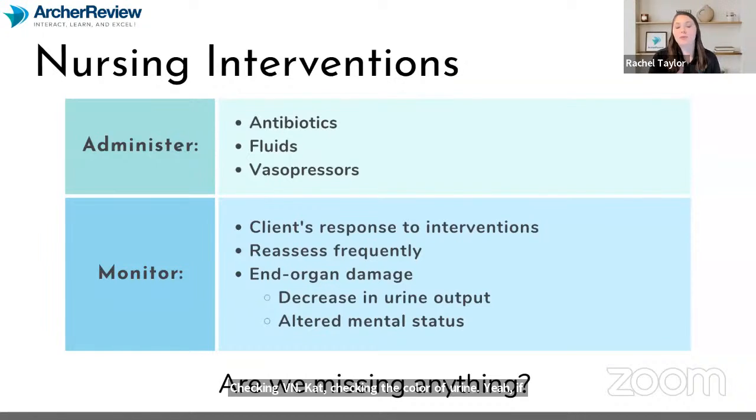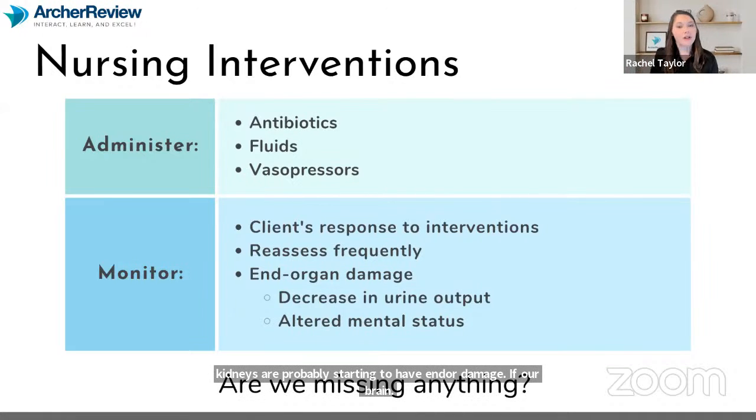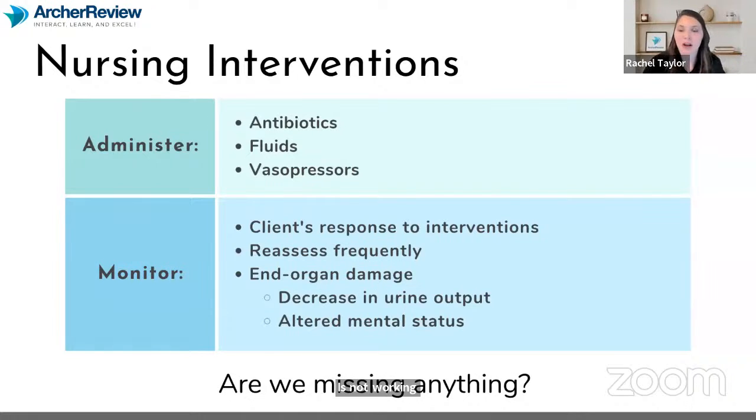Our kidneys are probably starting to have end organ damage. If our brain is not working appropriately, their level of consciousness is changing, now our brain is probably not perfusing well enough. If we start to see respiratory issues, then our lungs are not perfusing well enough. This can affect every organ of the body. We can see dysfunction everywhere as those organs don't get enough oxygenation.